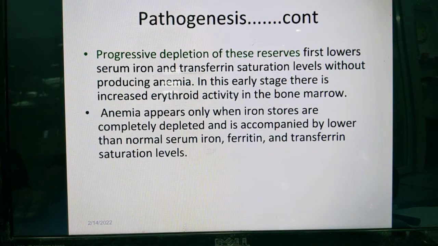In this early stage, there is increased erythroid activity in the bone marrow. Anemia appears only when iron stores are completely depleted and is accompanied by lower than normal serum iron, ferritin, and transferrin saturation levels.